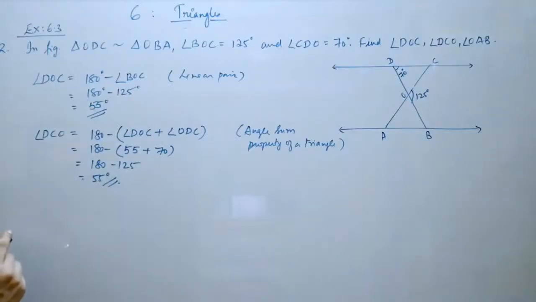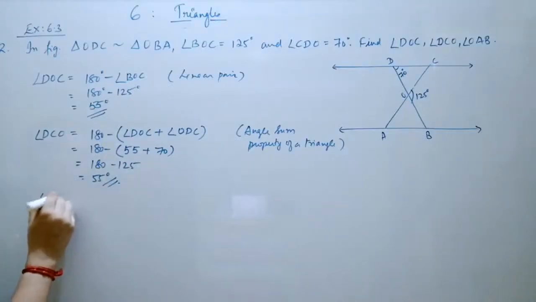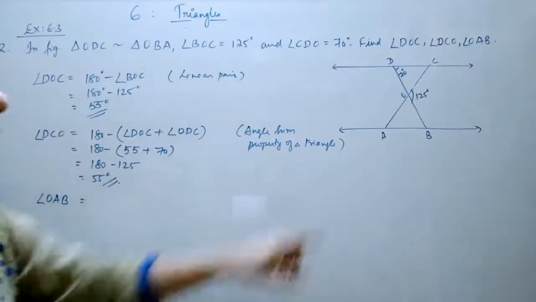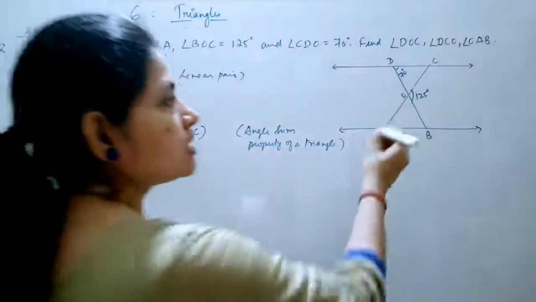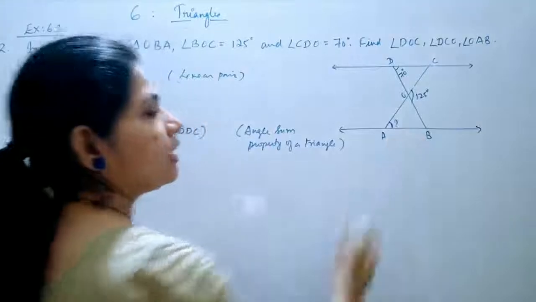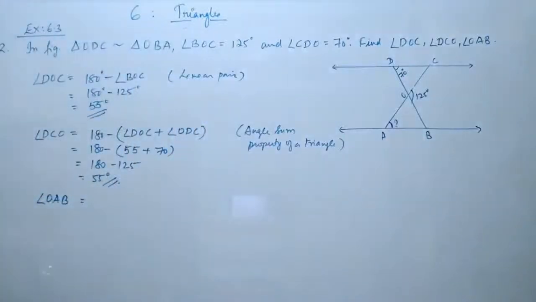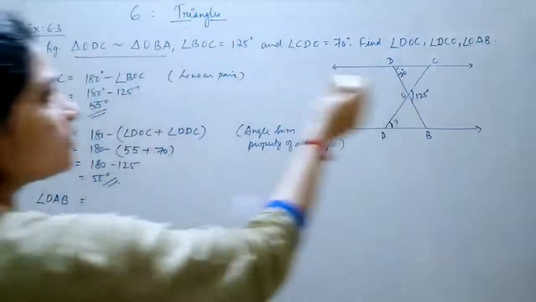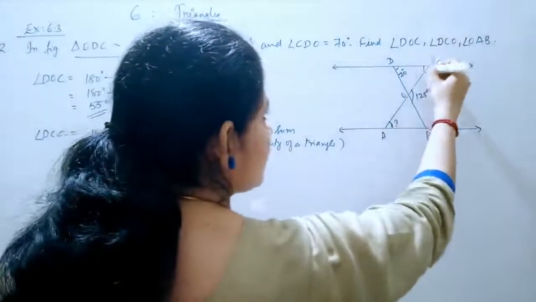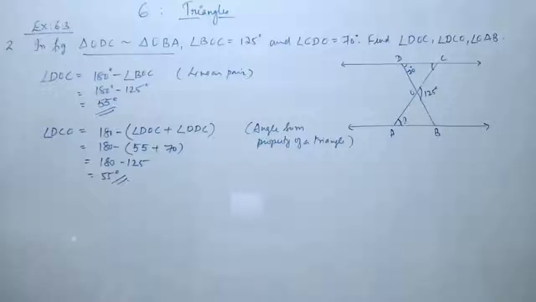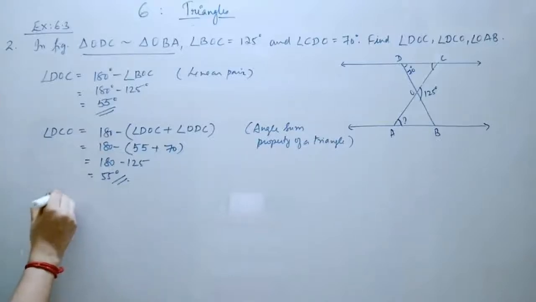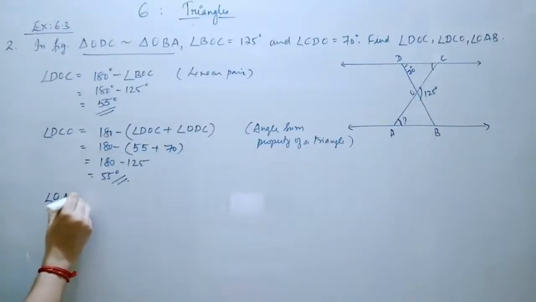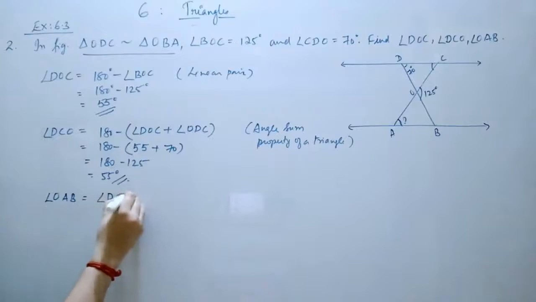Now you have angle OAB. That means this angle you want to find out. For that you can use the fact that the two triangles are given to be similar, which means this angle will coincide with this angle. That is, angle OAB is equal to angle DCO.